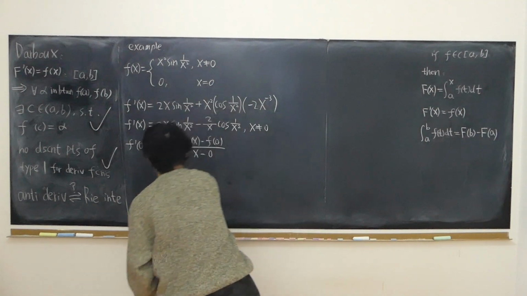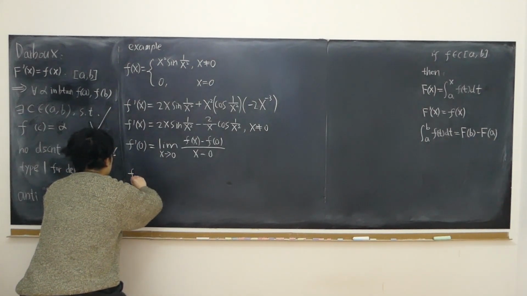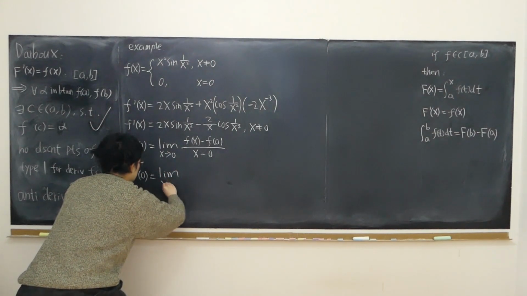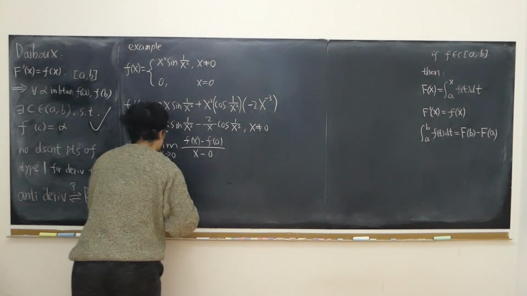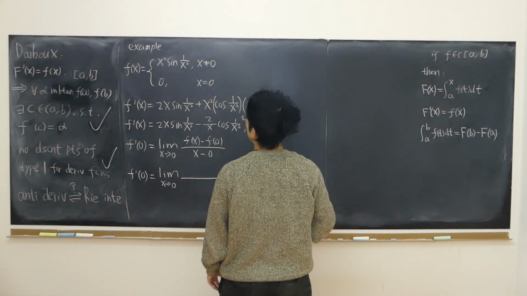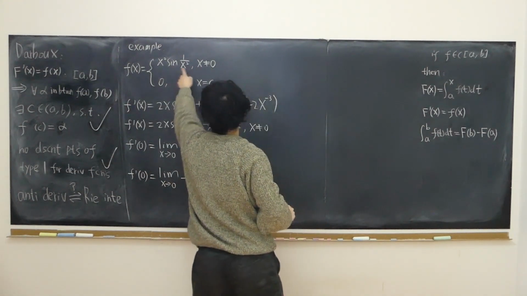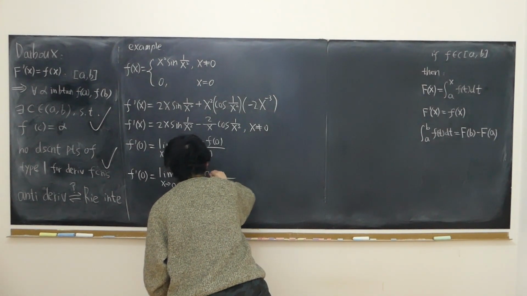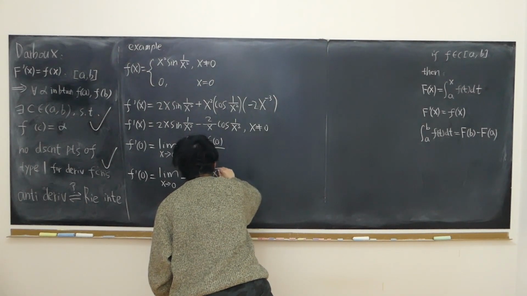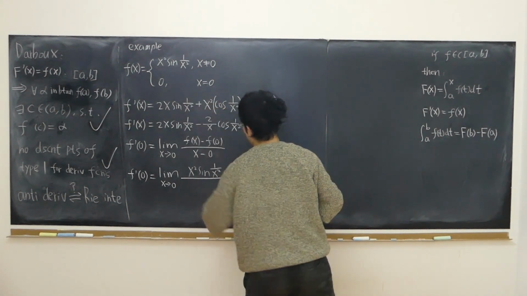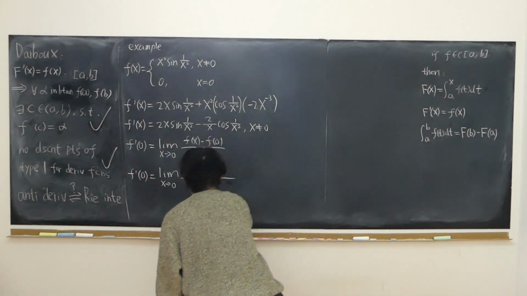That is the limit of x squared sine of 1 over x squared minus 0, over x.